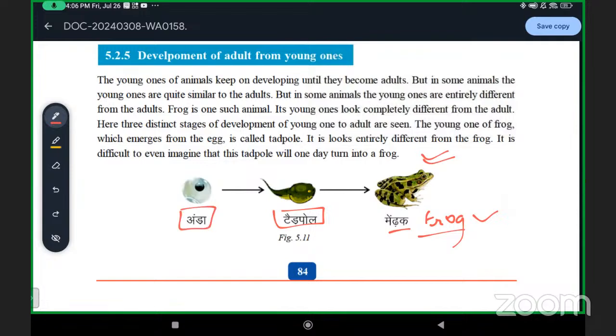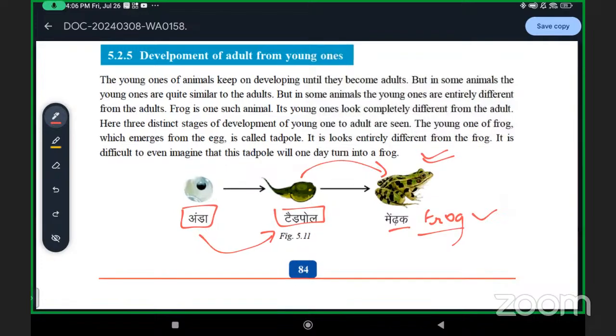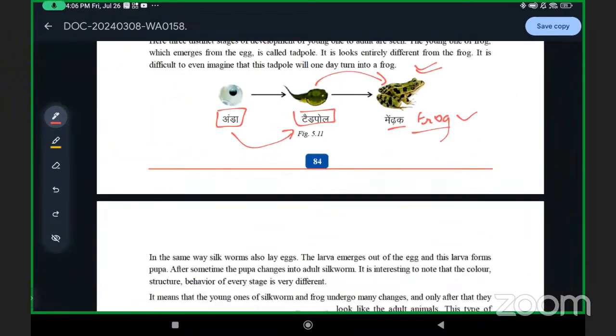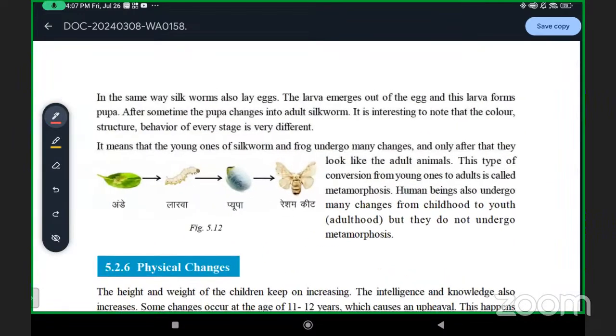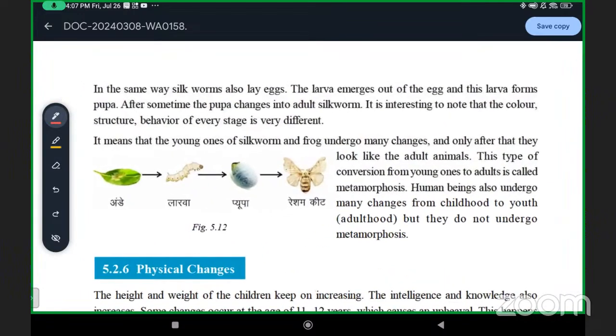So the frog's egg hatches and gives the tadpole, and then this tadpole grows hands and legs to become the frog. In the same way, the silkworm also lays eggs. The larva emerges out of the eggs, and this larva forms a pupa. After some time, the pupa changes into an adult silkworm. This is the larva. This is the eggs.